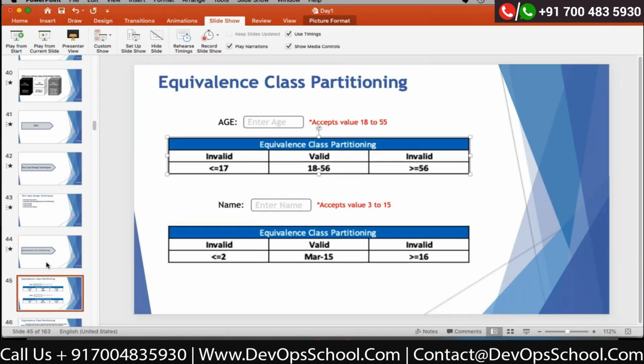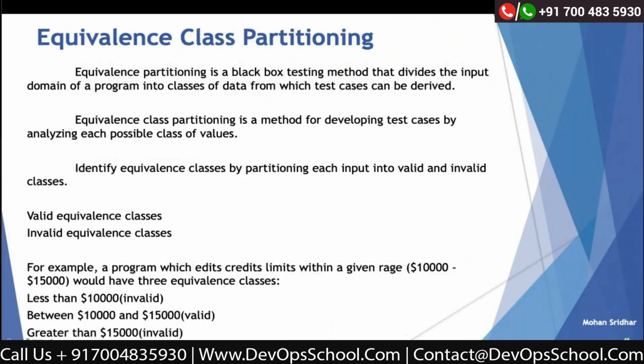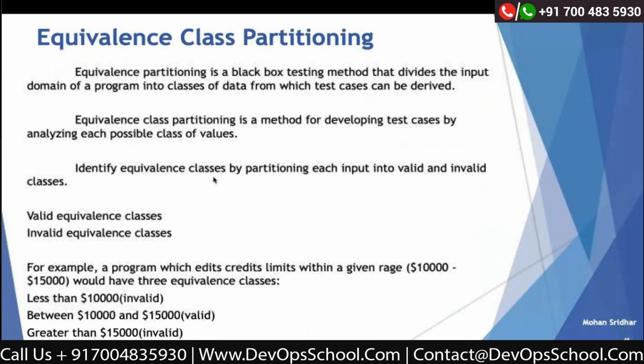Okay, let's see the definitions. What exactly does the current slide talk about? So equivalence partition is a black box testing method that divides the input domain of a program, the input domain being the input range of a program, into classes of data from which test cases can be derived.